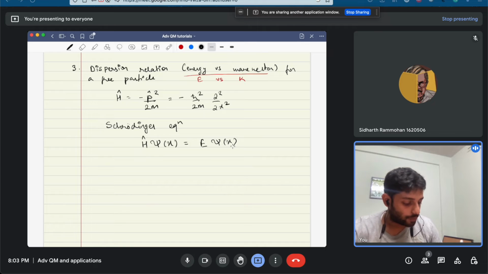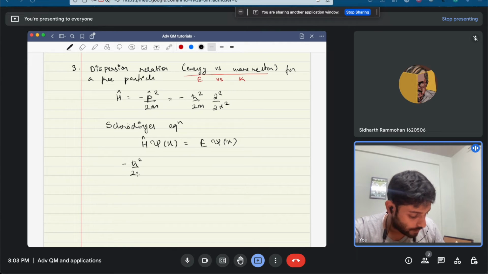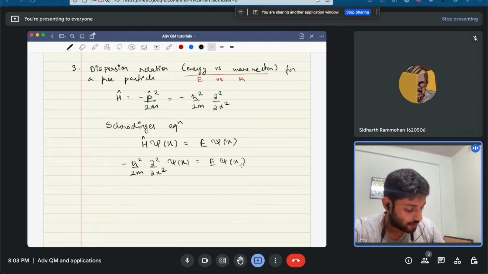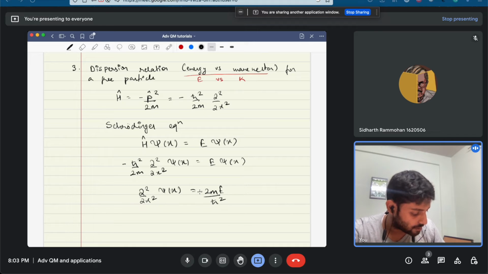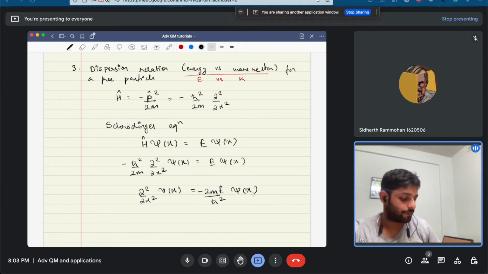Now putting the Hamiltonian from here, what we get is minus h bar square by 2m del square by del x square psi of x equal to E psi of x. So taking these coefficients to the right side, we get del square by del x square psi of x equal to minus 2mE by h bar square psi of x.